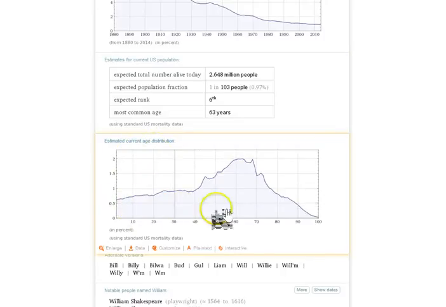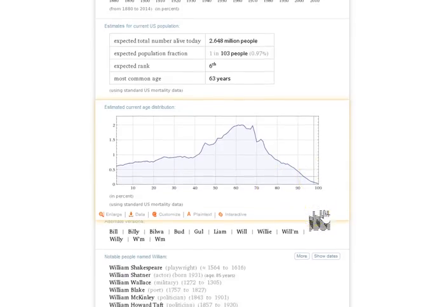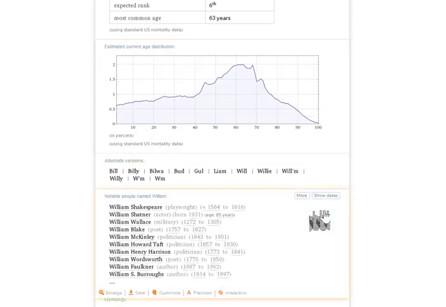So there's a bunch of Williams that are maybe in the 50 to 70 range. I'm somewhere in that range. There's a few younger ones as well and a few older ones. Not very many 100-year-olds left, but there's a couple of them, I guess. So anyway, it gives you all sorts of information.